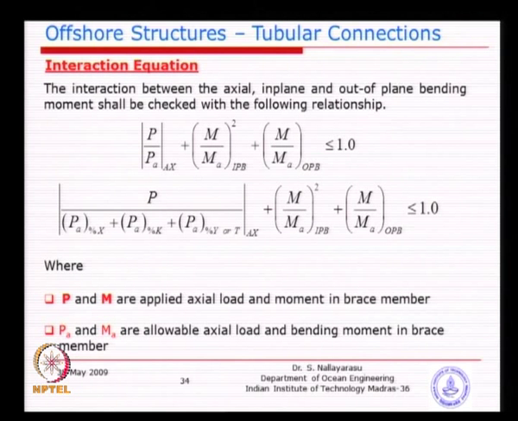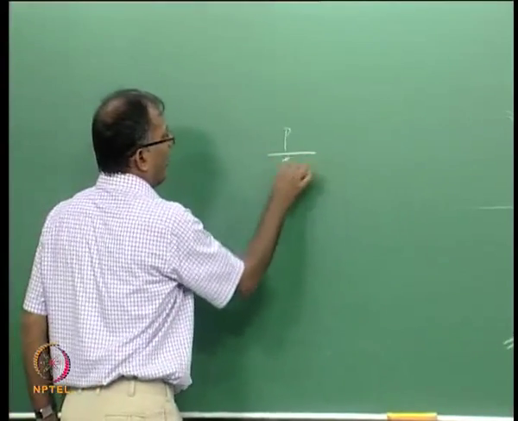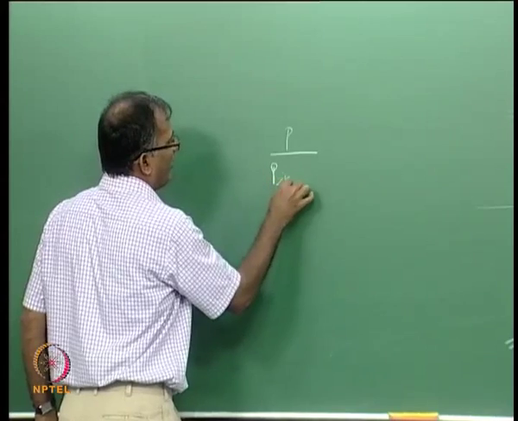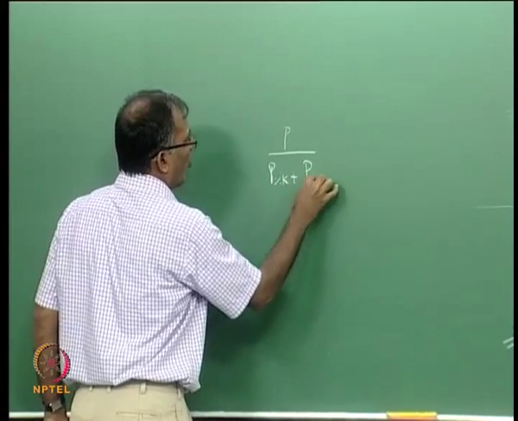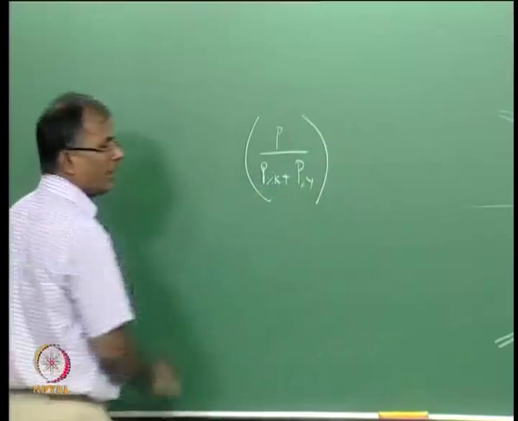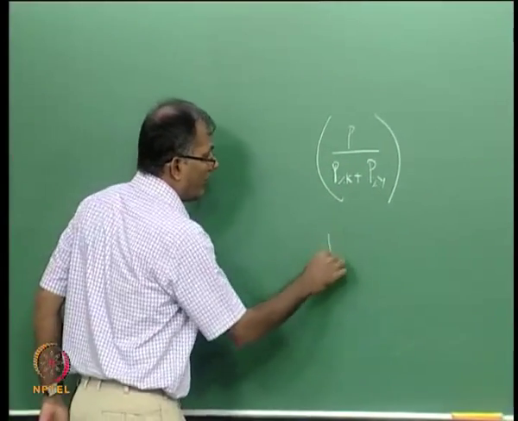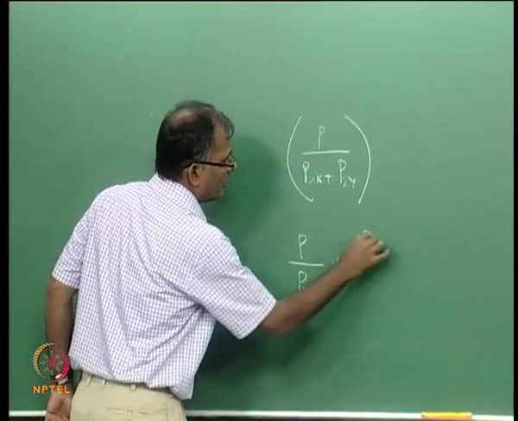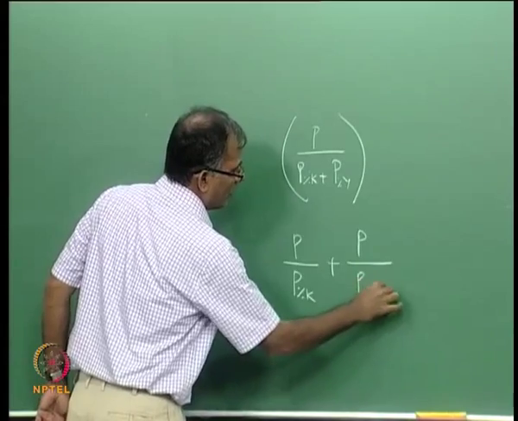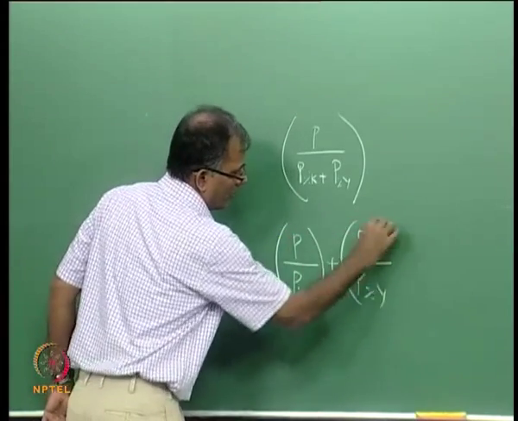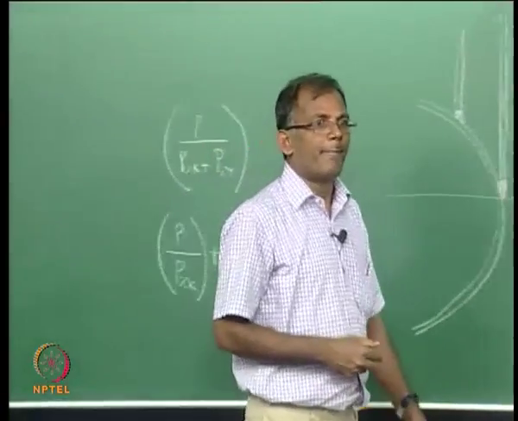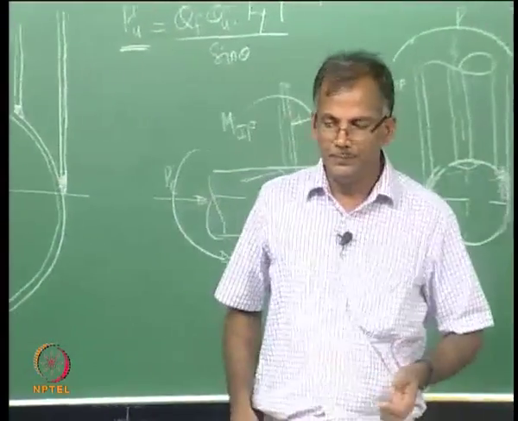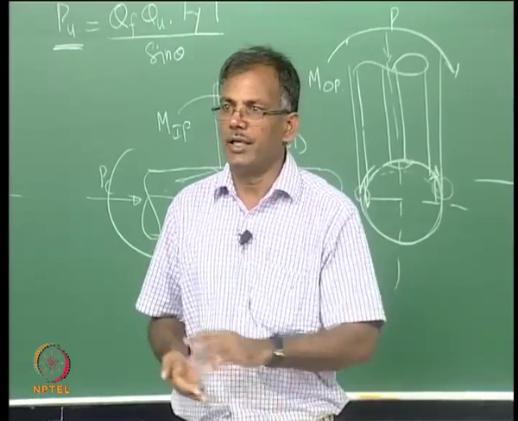Ultimately, API have adopted, I hope you have understood my explanation, basically P divided by P, percentage of K plus percentage of Y. This is basically the capacity of the joint. Just now we have put it. You could also have P divided by P percentage of K plus cumulative addition. You will get a slightly different result, and ultimately API have decided to go for the second one.